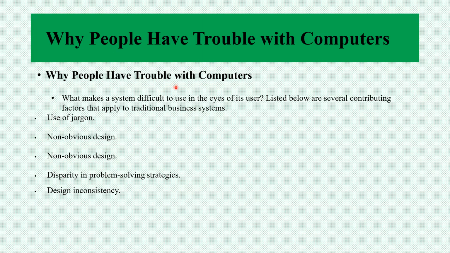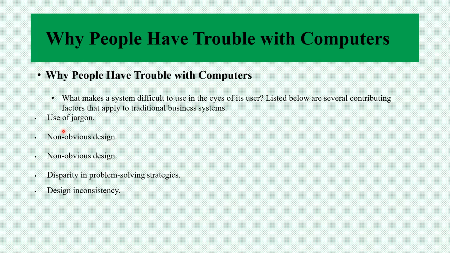So why do people have trouble with computers? Why are many people facing problems while handling computers, software, or applications? What makes the system difficult for them? Here, one is the non-obvious design: complex or novel design elements are not obvious, or they may not be intuitive, yet they must nevertheless be mastered.